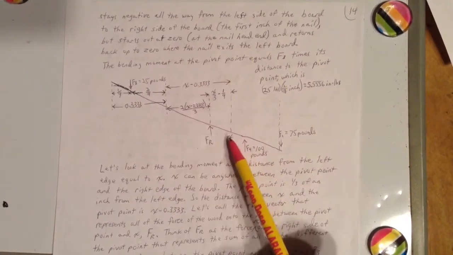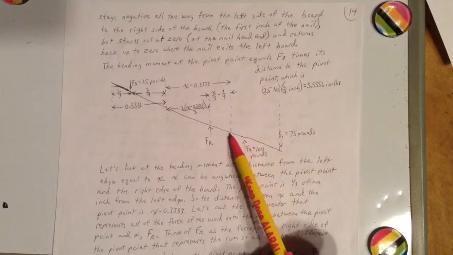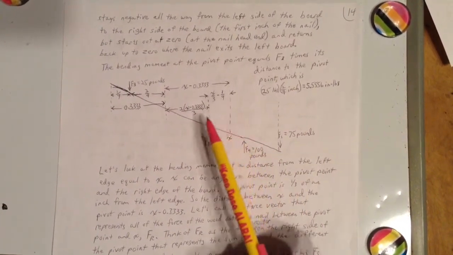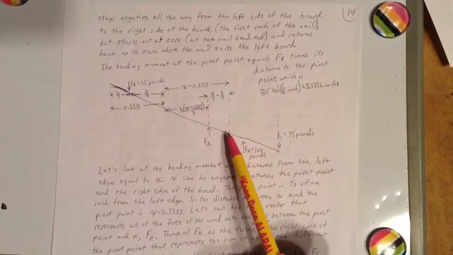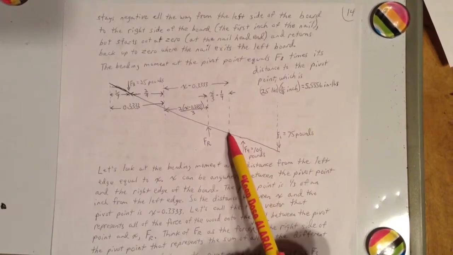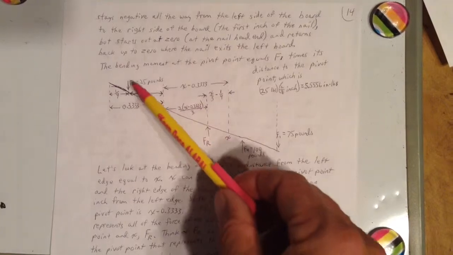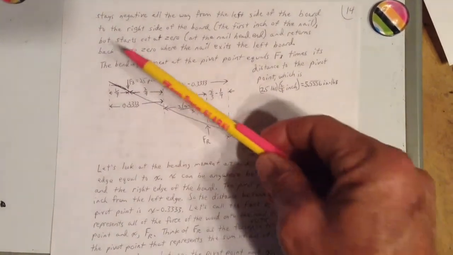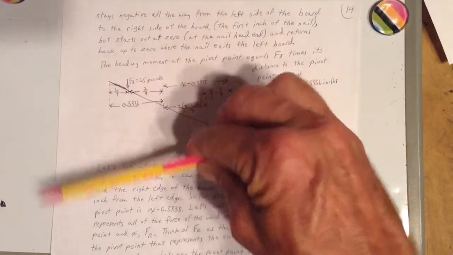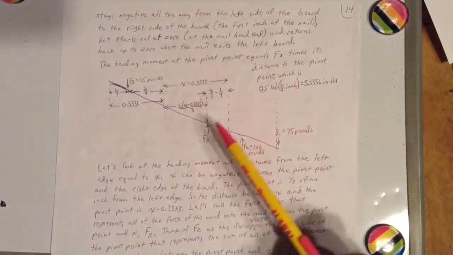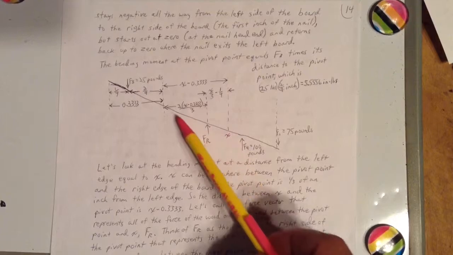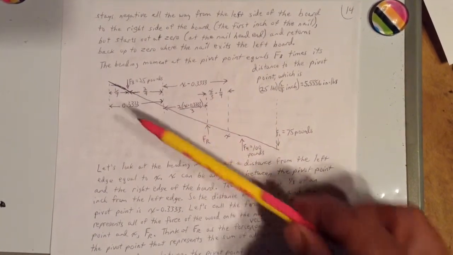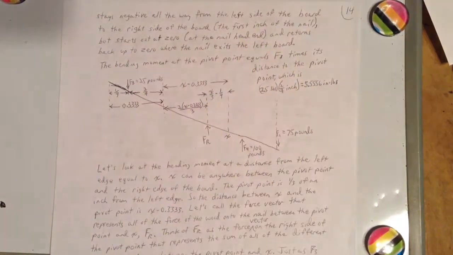We'll arbitrarily call a point X. X could be here, it could be here, it could be anywhere between there. And we're going to look at the bending moment at point X. We know that the force of F3 times its distance to X is trying to rotate this nail counterclockwise about point X, but we also have force between the wood and the nail between the pivot point and X pushing up on the nail, which is trying to rotate it clockwise.